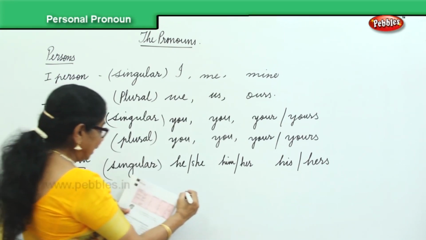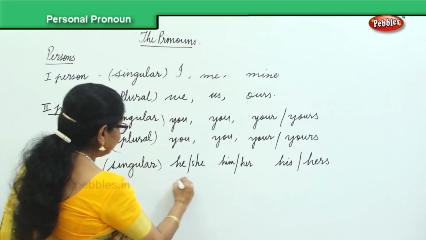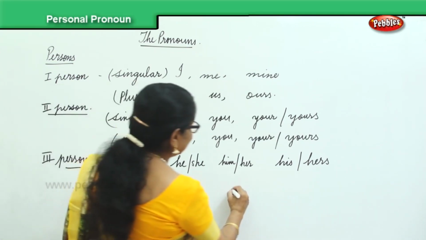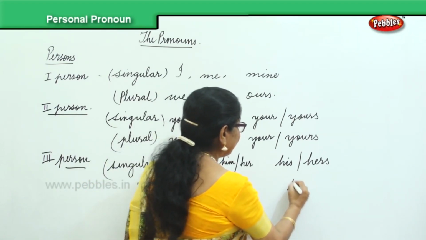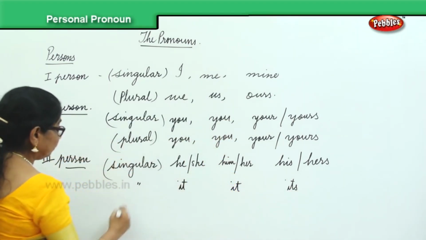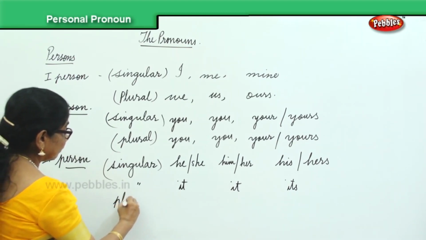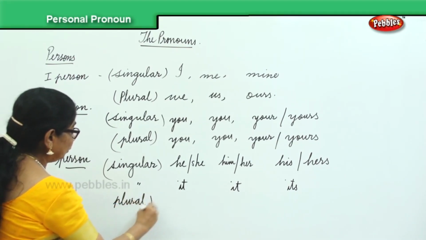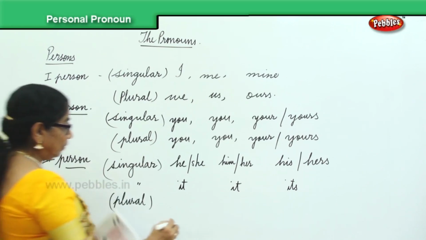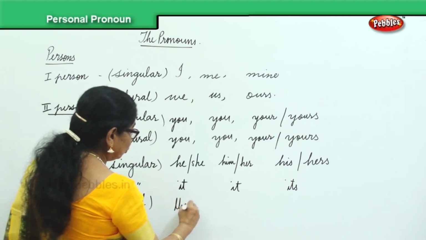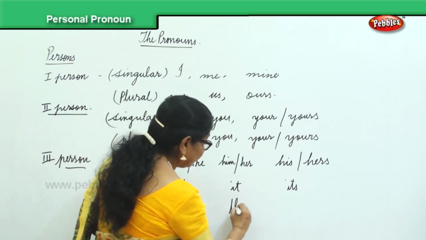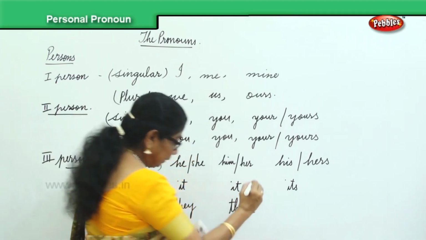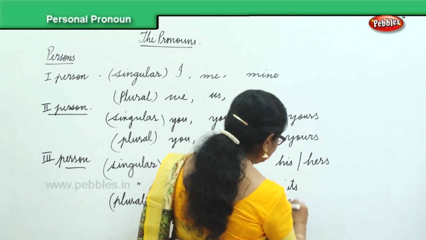You will also say it for the singular, and again for it, you will say its. When you say plural, in the plural form, you will say they, because there's more than one, they, them, theirs.